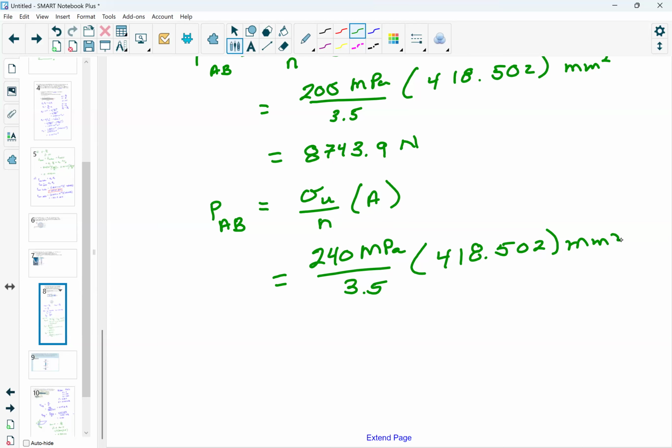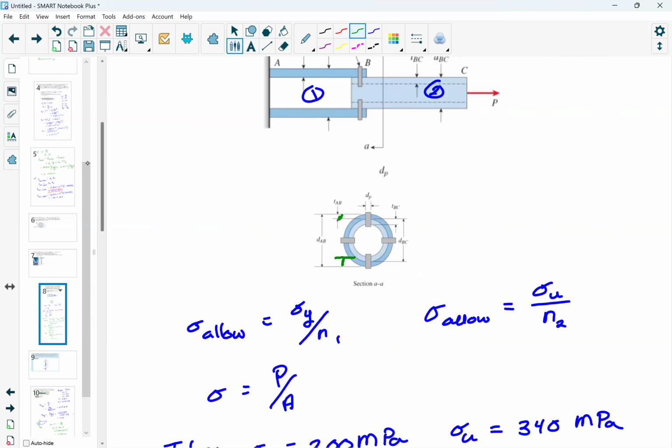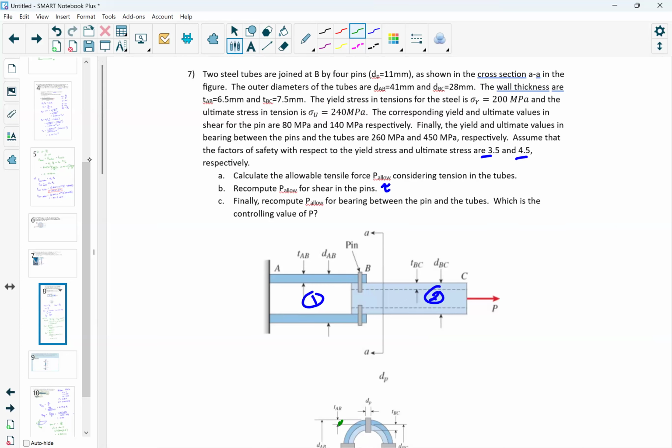And I'm thinking it looks like this comes out to be 11,000 newtons. Excuse me? Isn't the 240 340? Oh, I think I wrote it wrong. Oh, okay. I'm seeing 200 here and then 240 there. Okay, okay.